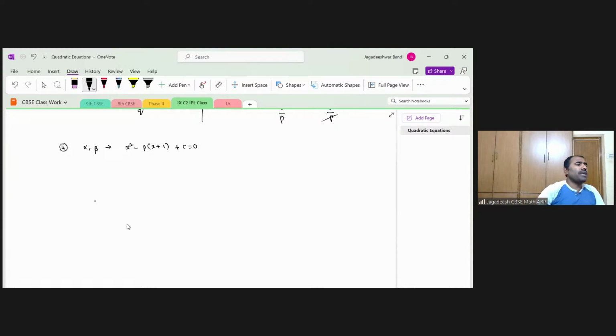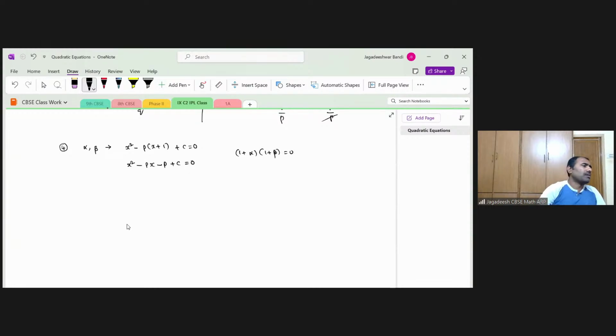Okay, so we have to find out now 1 plus alpha into 1 plus beta. Fine. So let us simplify this equation. See here, everyone, x square minus px minus p plus c equal to 0.